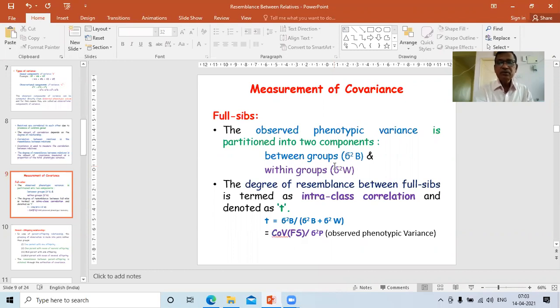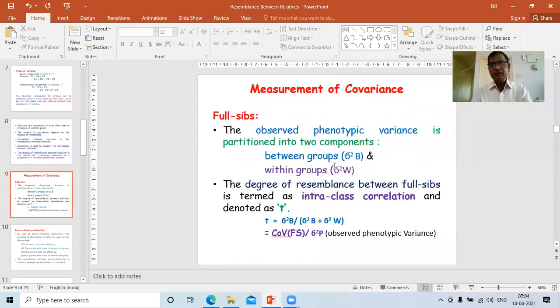Small t is equal to the ratio of sigma square b by sigma square b plus sigma square w. Sigma square b and sigma square w both together constitute the total variance, that is sigma square p, the observed phenotypic variance. And sigma square b is represented as covariance of full sibs. What is covariance of full sibs? It measures the correlation between the full sibs.